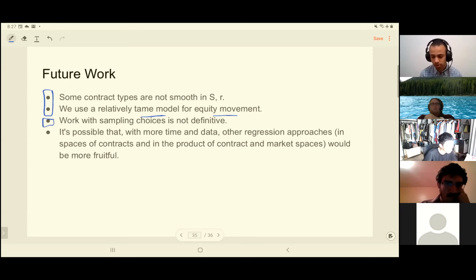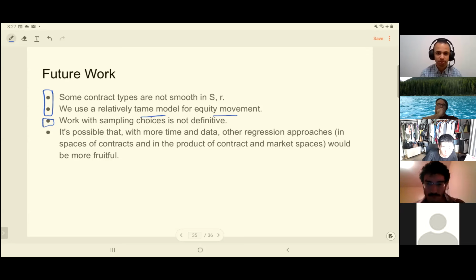It was done earlier on. So it may be the case that further work with the sampling choices is warranted in order to determine where best to place those 4 points. We did some experimentation, some heuristic stuff, but we didn't necessarily thoroughly explore this full configuration space of sampling choices.